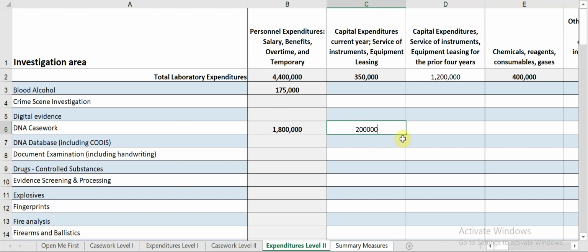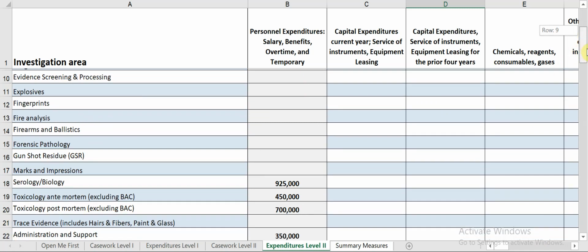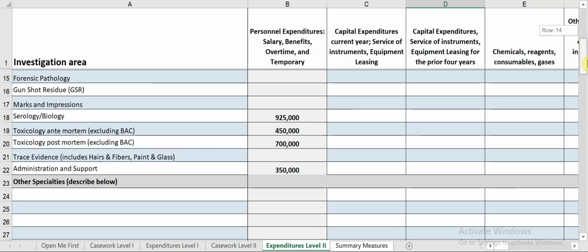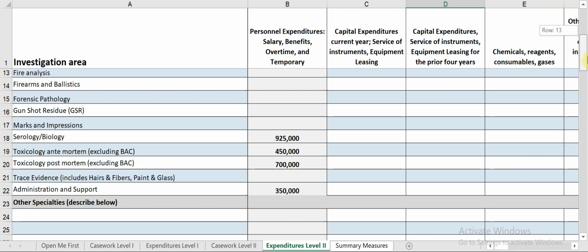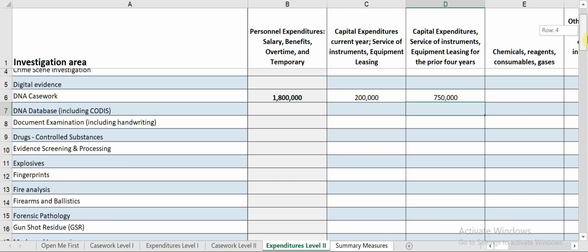And so the amount that we're going to allocate over the other areas is going to be much more fine-tuned at this point when we know these specific allocations. Likewise, on the prior 4 years, let's suppose that 750,000 was just DNA-related expenditures. And whether you have more information or not for any of the other areas, it will adjust and allocate to this and be able to work its way through.